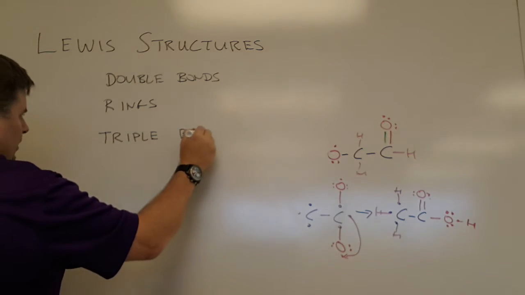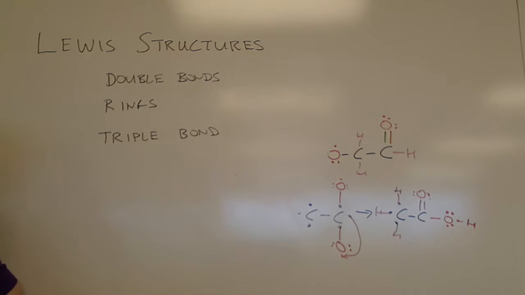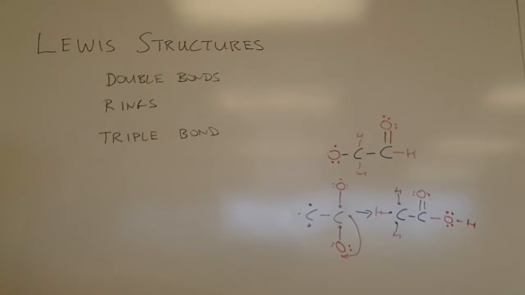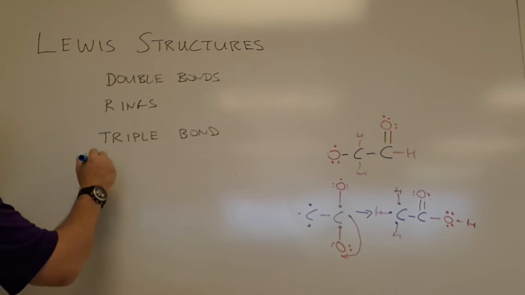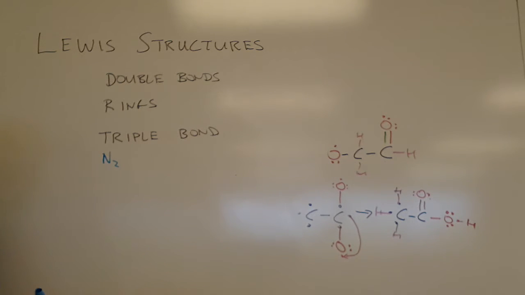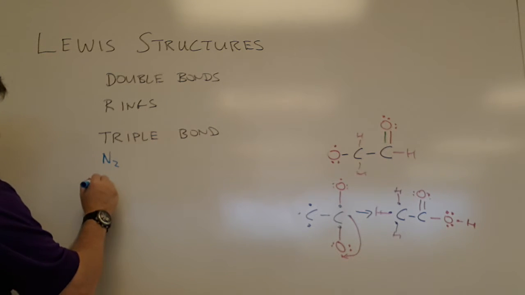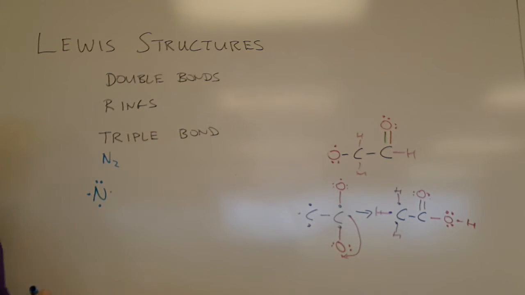And you guys might be familiar with a molecule, actually quite famous, that involves a triple bond. Okay, N2. If you look at N2, or nitrogen gas, I've got a lone pair and 3 electrons there because it's got 5 valence electrons.